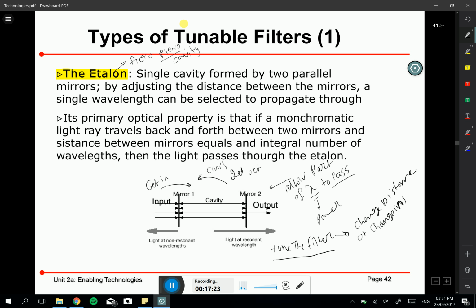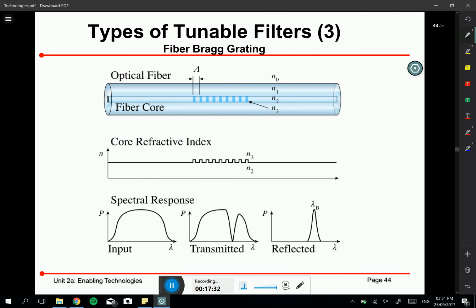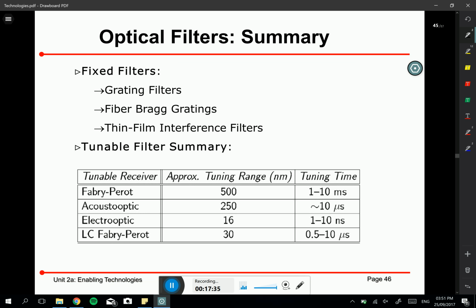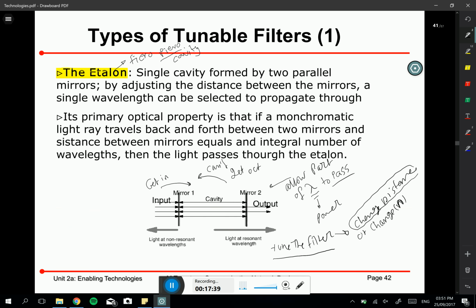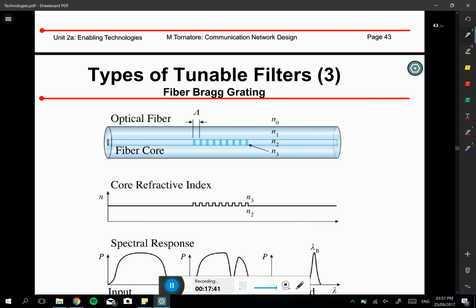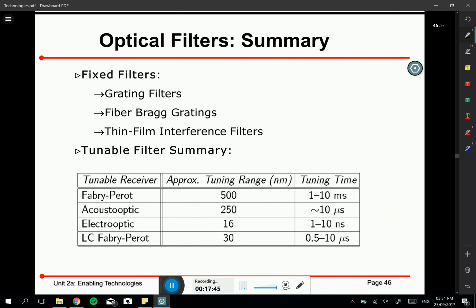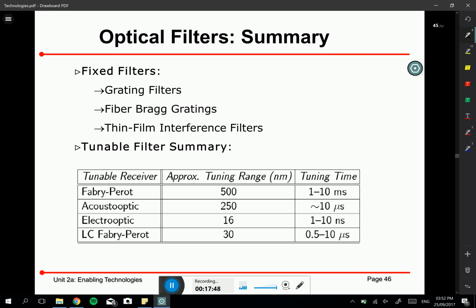This Fabry-Perot would be the mechanically tuned one: large tuning range, but large tuning time. Acousto-optically and electro-optically tuned filters have a smaller tuning range, but on the other side also a smaller tuning time, which is what I want.